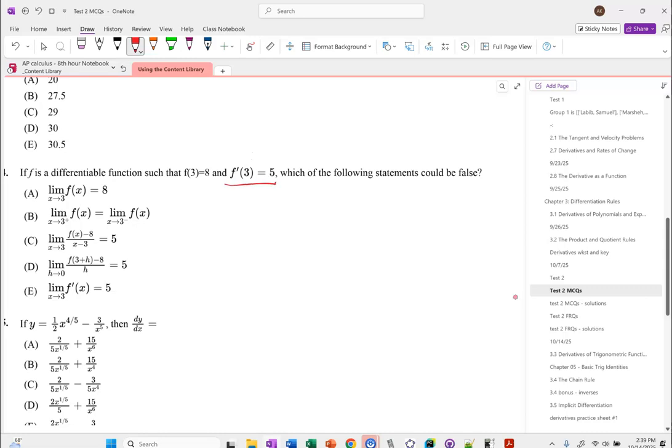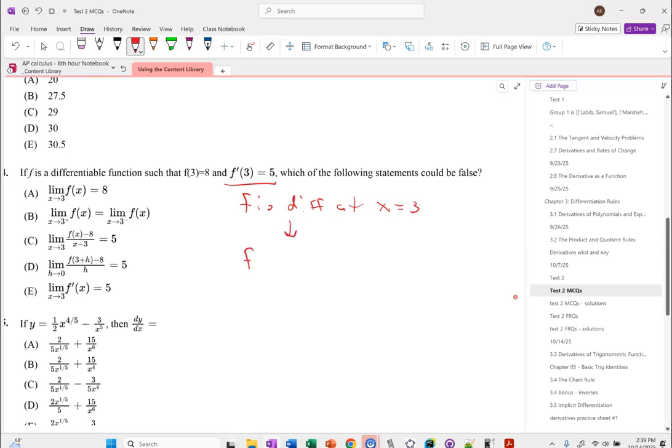What does this mean? f prime at 3 is equal to 5. So we're differentiable at x equals 3. Agreed?